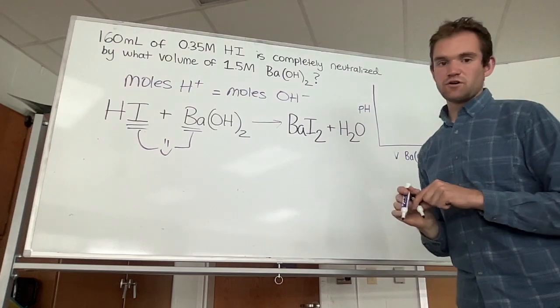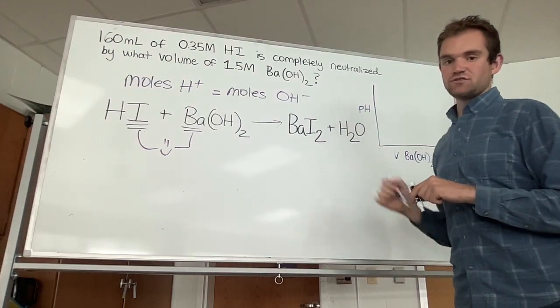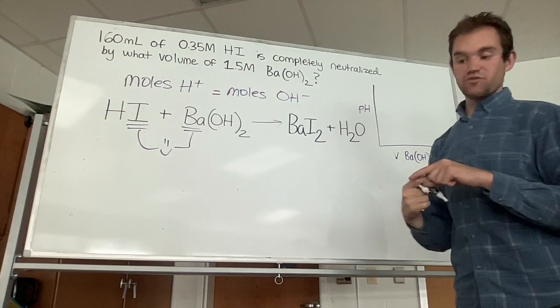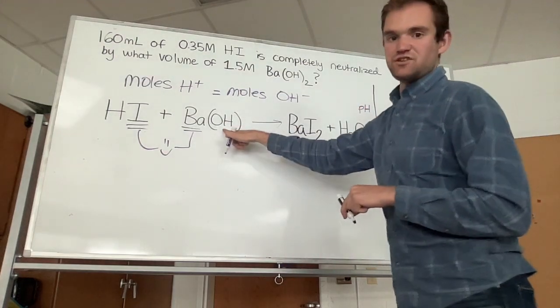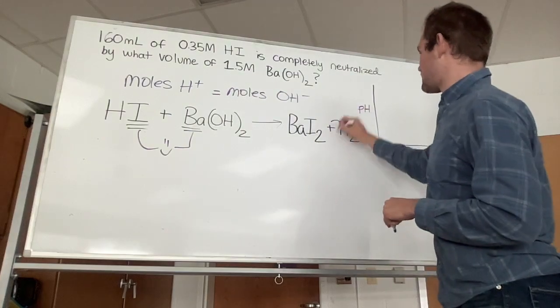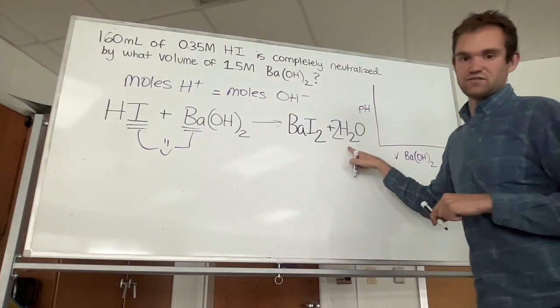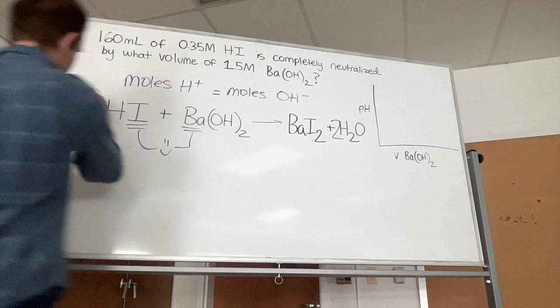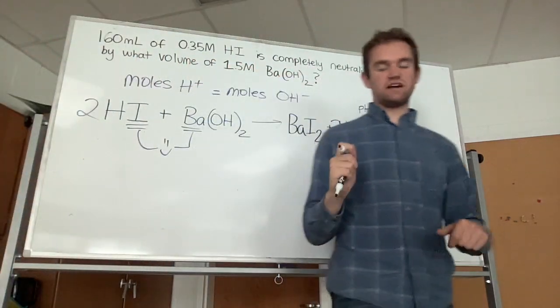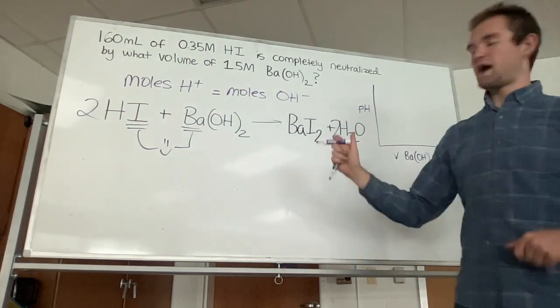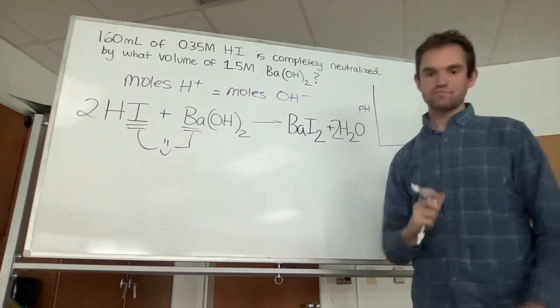Now to balance this real quick, I have H2O and HI, and those both need to double because I have OH2. OH2 is going to mean my oxygen has to double, so my water has to double, as well as the HI. This is the pattern you're going to see for every single titration problem where you have an OH2.